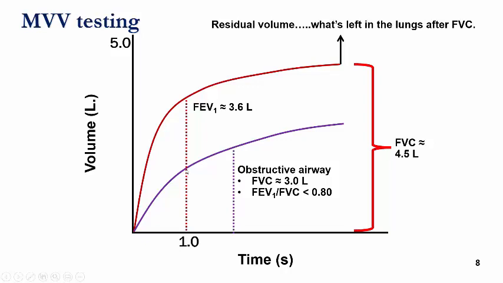So in the first second, the person is moving far less than 80% of the total air that they eventually push out of their lungs. And so it takes a longer time for this person to push the air out of their lungs, plus this person would have a greater amount of air trapped in their lungs after they attempt to push it out as much as they can.